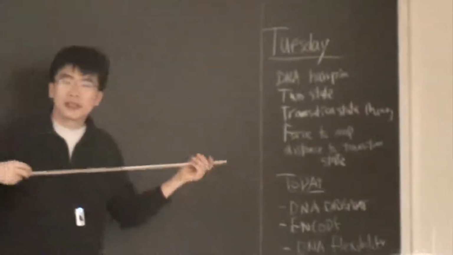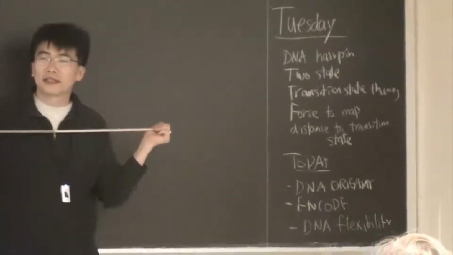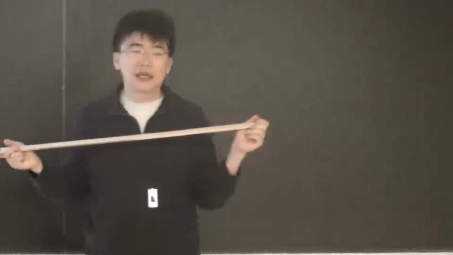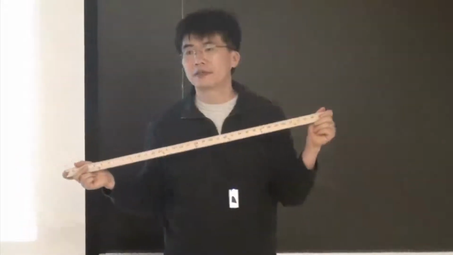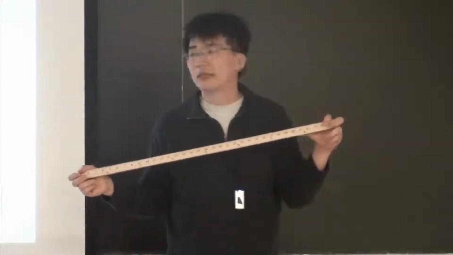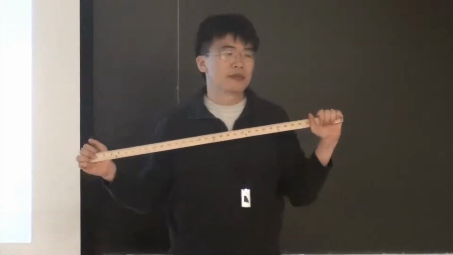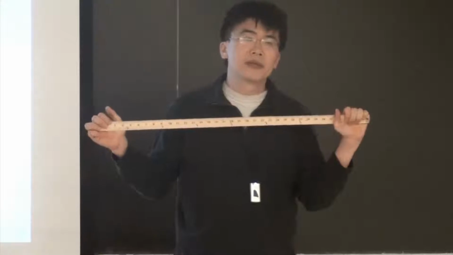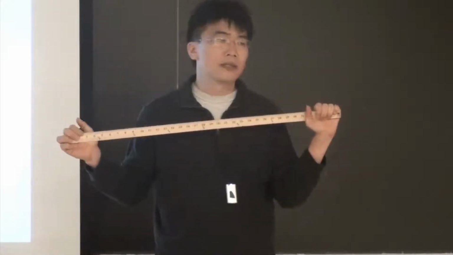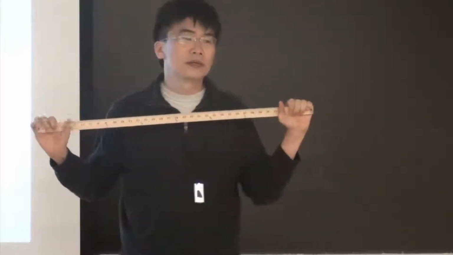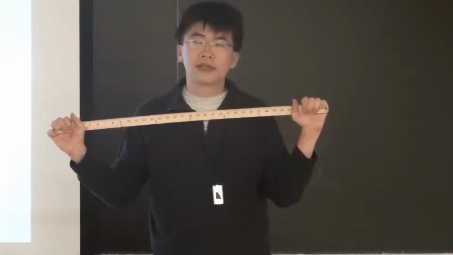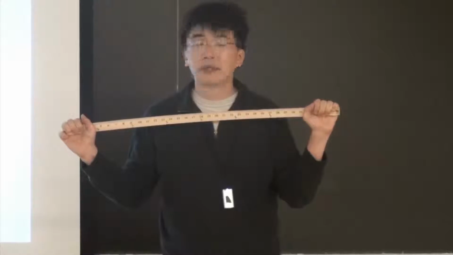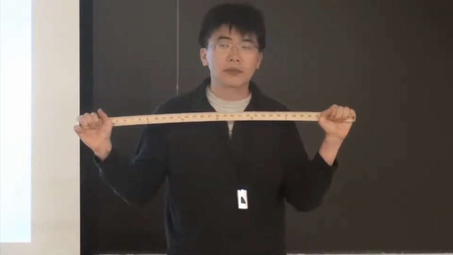So ENCODE is a project that was funded by NIH for I think several years, an effort by many different laboratories. The idea is that DNA sequence alone does not determine the cell type or tissue type. There are other things that are different between cells, or different tissues, or different stages of disease and so on.